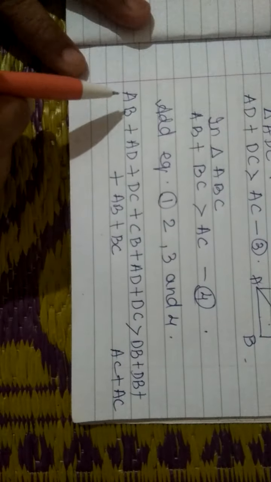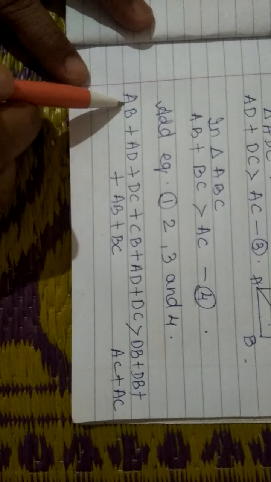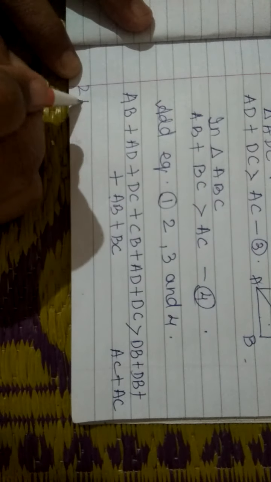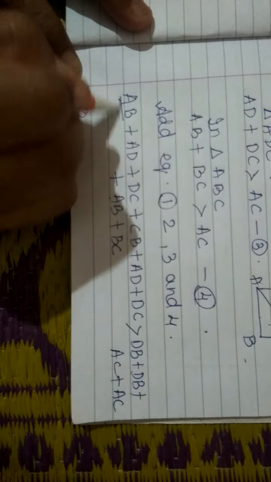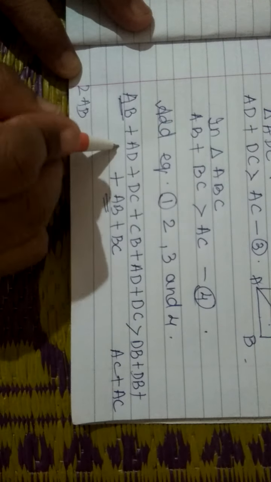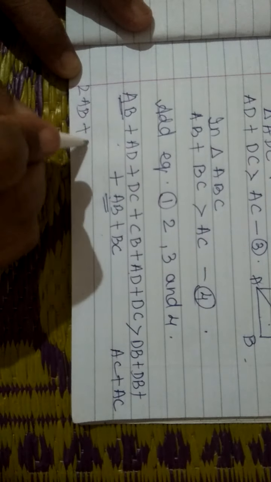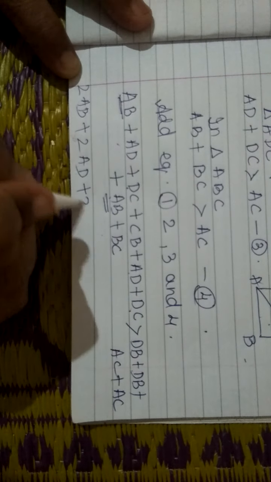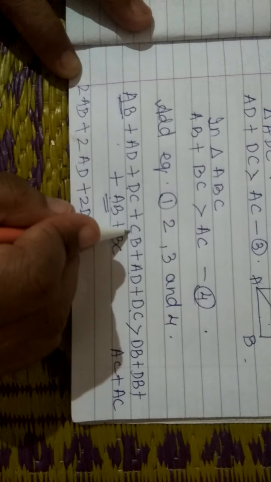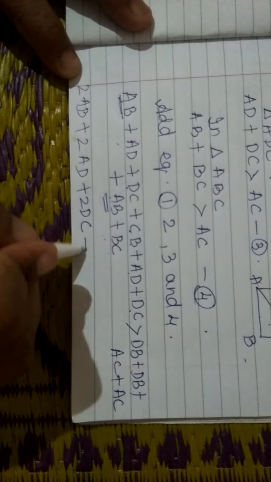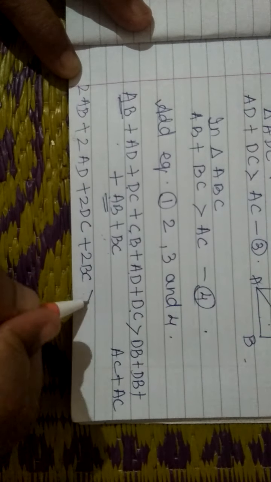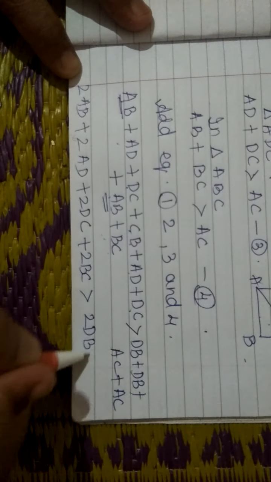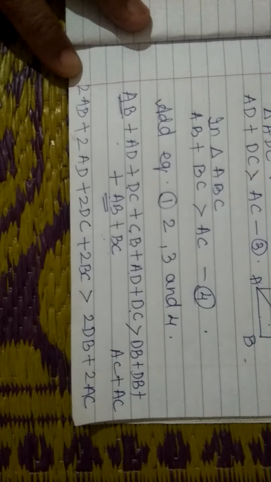Now children, how many AB do we have here? AB and AB, 2AB. Now AD, 2AD. DC, 2DC. CB or BC is one and the same, 2BC is greater than 2DB plus 2AC.